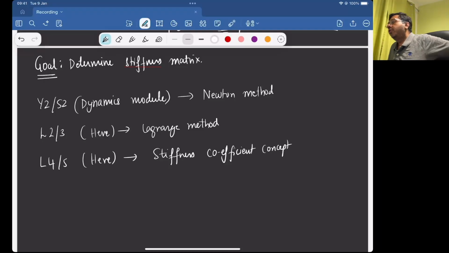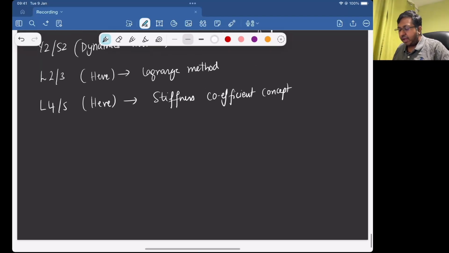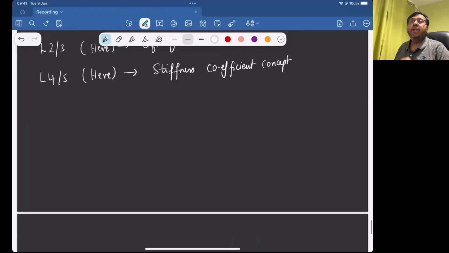We'll use this concept of stiffness coefficient in order to determine our stiffness matrix. Let's write the definition first, and then express what this means mathematically and how we can get some physical meaning out of it.